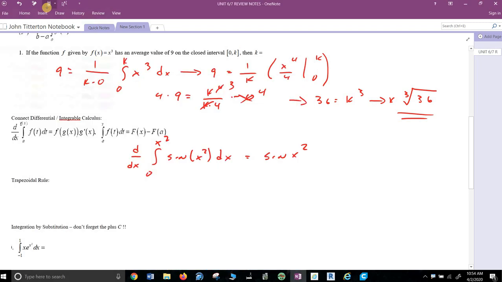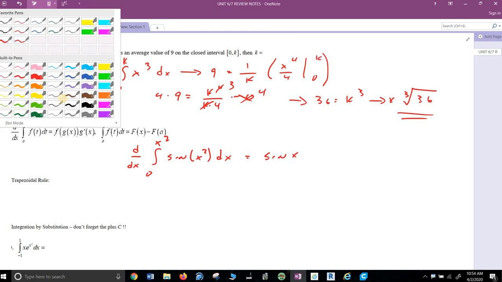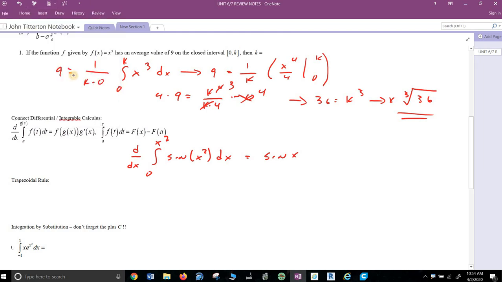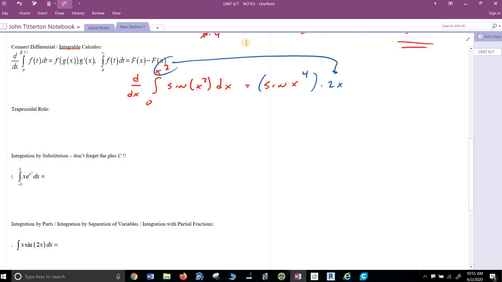So you would get x squared in for x, you get x to the fourth, and then you have to multiply the whole thing times 2x, because that's the derivative of x squared. That's confusing stuff. Go back through your notes, make sure you know what that is. You will see that on multiple choice almost every test, AP test.